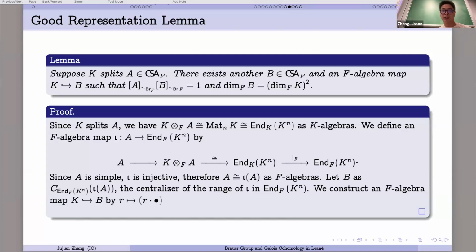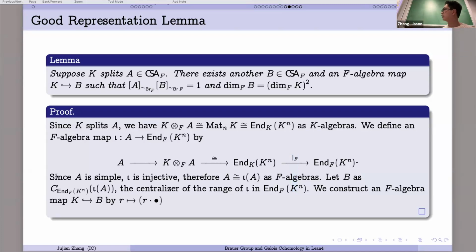The proof is, by definition, if K splits A, then K tensor A is a matrix algebra over K, which is the endomorphism ring of vectors over K. So we can define an F algebra map from A to the F endomorphism ring of K to the power of n by composing these together, where the last map is restricting K linear maps to F linear maps.